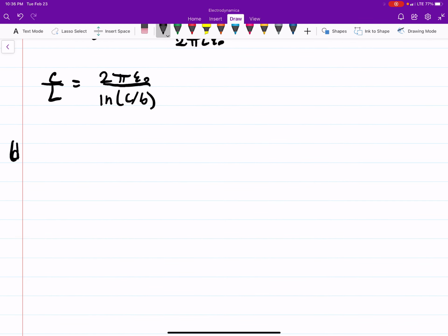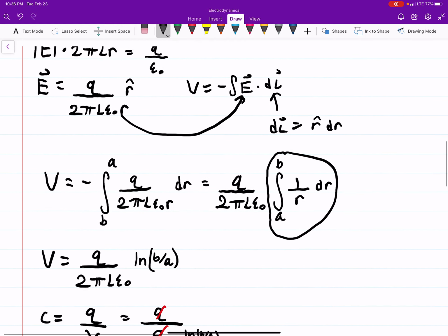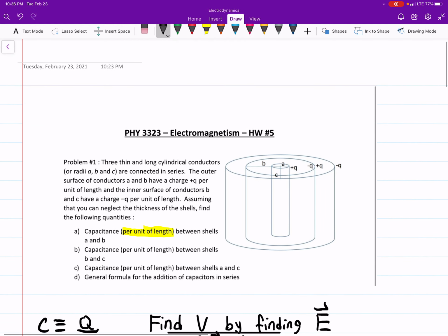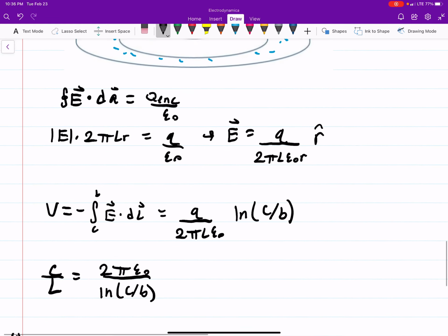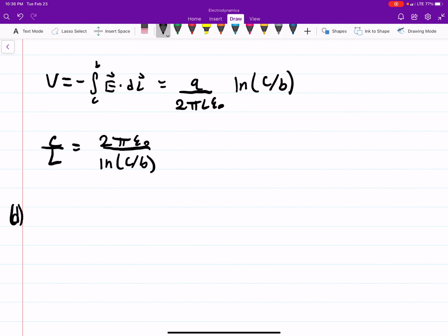I guess I technically did part D first. Part C wants us to do the same thing from A to C, and D wants us to find a general formula for the addition of capacitors. I did D first just because I think we can see what's happening here.